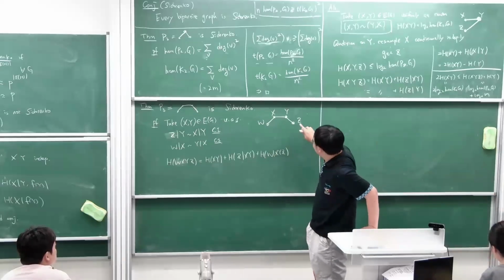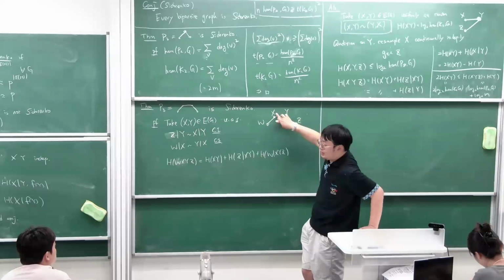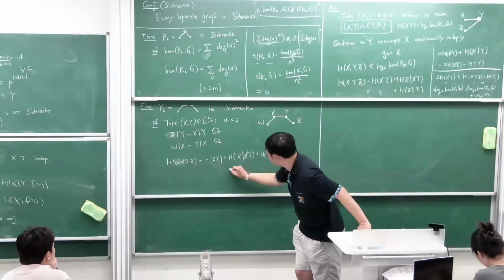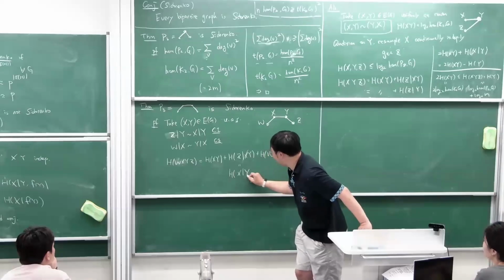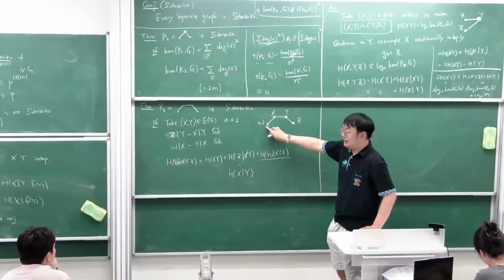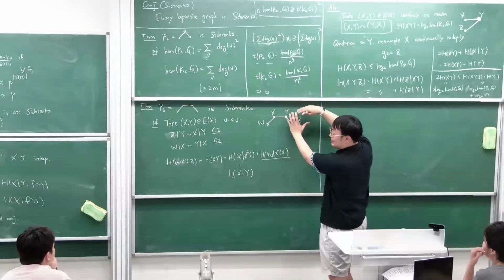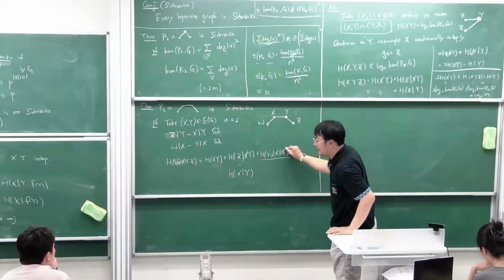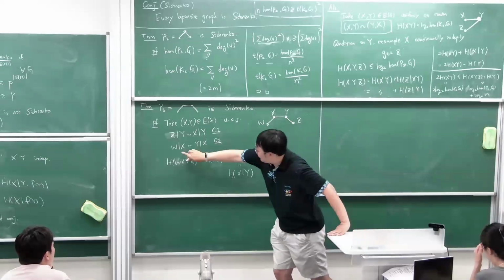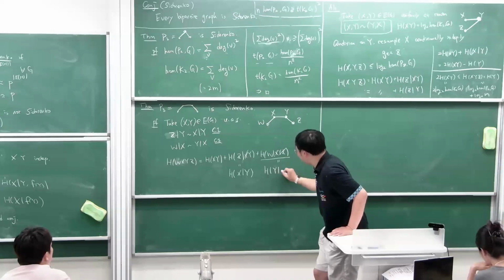Since I'm sampling Z given Y conditionally independent from X, you can cross out this term and replace this Z by X. So this term is the same as the entropy of X given Y. And for this part, W will be independent from both Y and Z. There's nothing to do with Y and Z, so I can cross out this Y and Z. W only depends on X. And since we sample W having the same law as Y conditioned on X, this is the same as the entropy of Y given X.